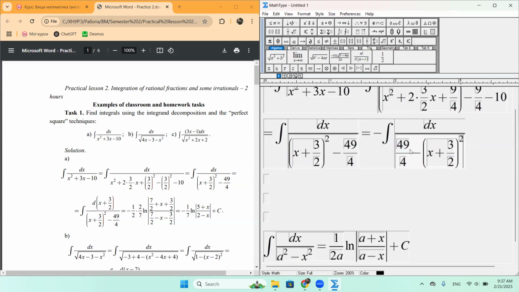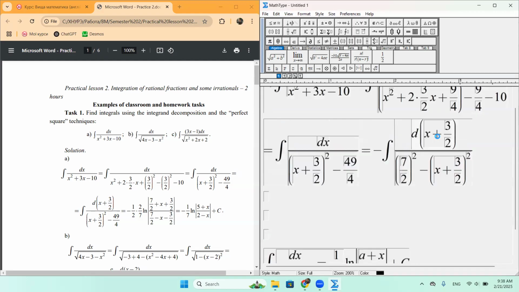And let's rewrite this fraction in the following form: 7 over 2 in power of 2. And this expression will be moved under the differential. So now everything we need we have.